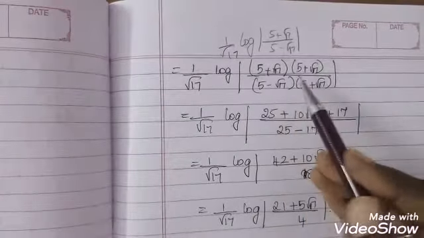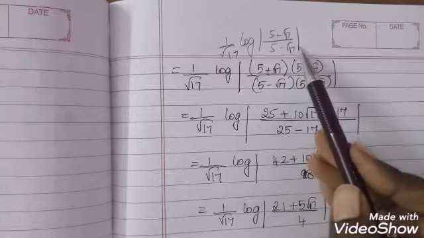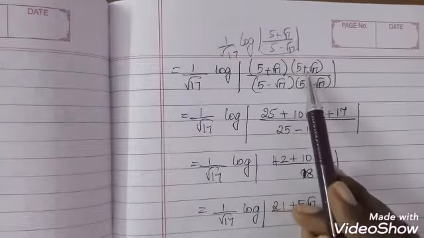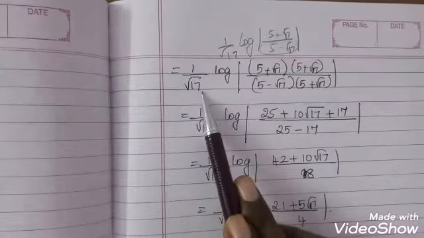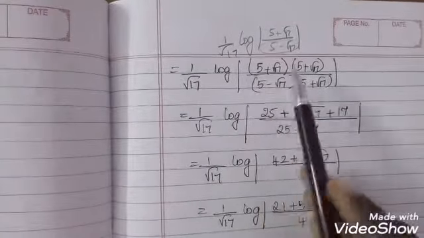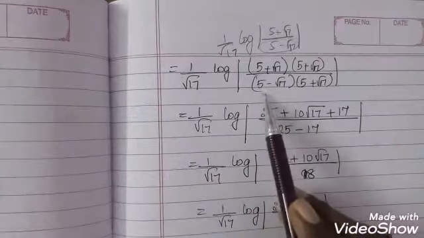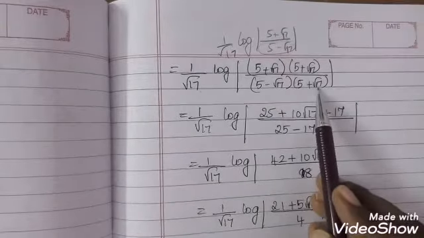So to rationalize it, what will you do? Multiply and divide by the conjugate of the denominator. So what's the conjugate of the denominator? You have 5 plus root 17. So you will have 1 by root 17 log of mod (5 plus root 17) into (5 plus root 17) divided by (5 minus root 17) into (5 plus root 17).